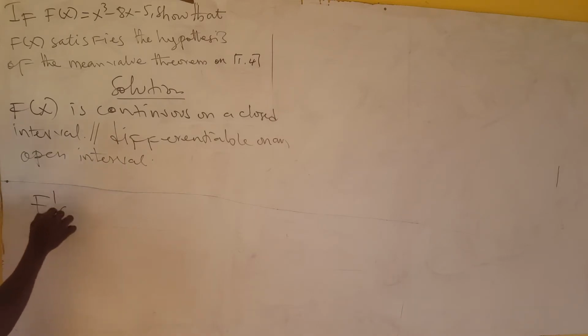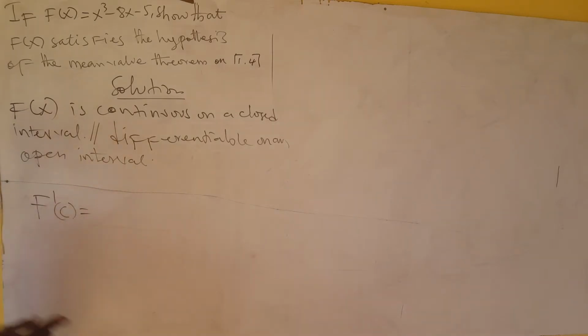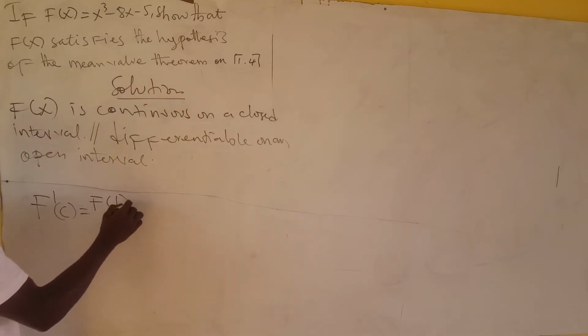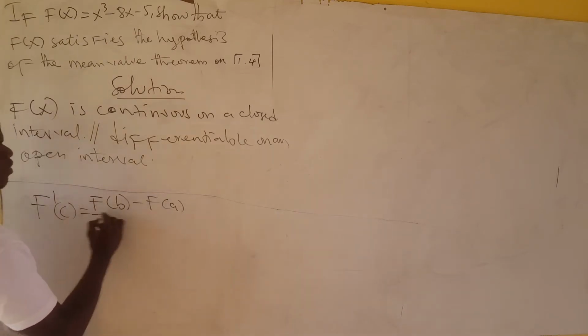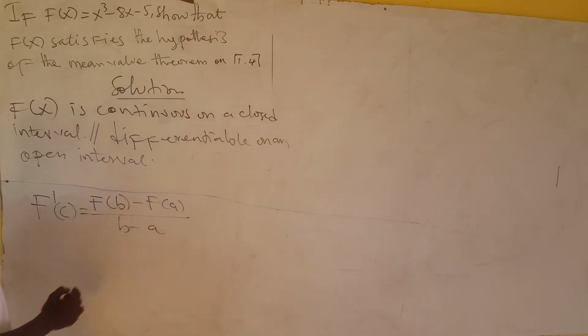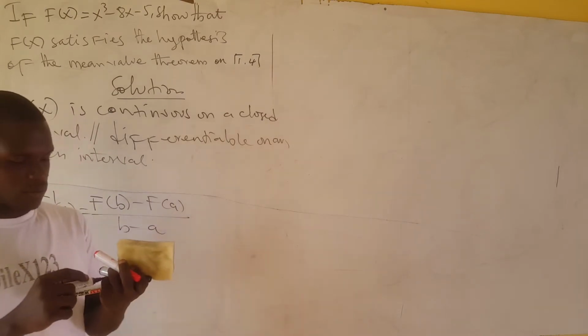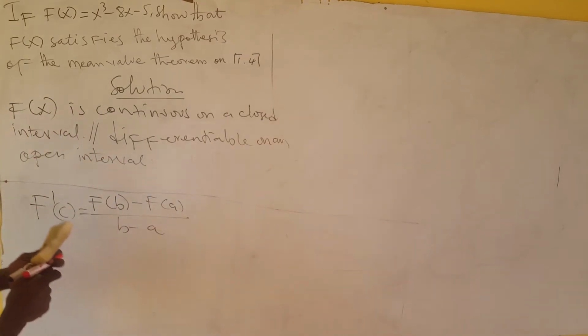And when c is placed inside the first derivative of the function, the answer will be the same as f of b minus f of a all over b minus a. And that c is an answer which falls between a and b. Okay, so that's what the mean value theorem is.